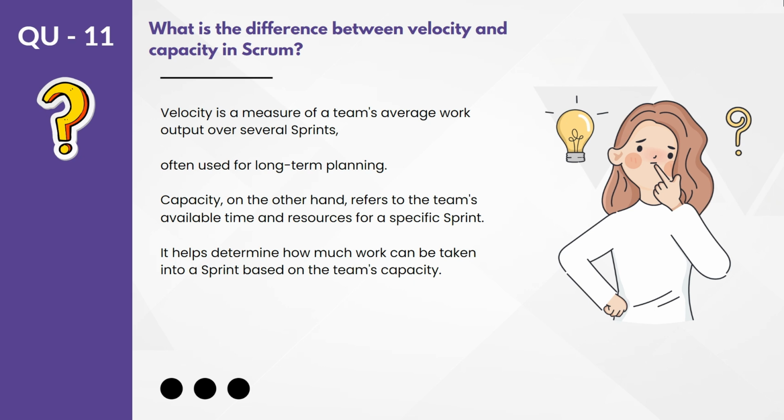If there are 5 members in the team, and one person works 8 hours a day, let's assume, then 5 members, 8 times 5 is 40. So in one day those 5 people will spend 40 hours of work. Now if we talk about 1 week, 40 into 5, 200 hours of work they can deliver.